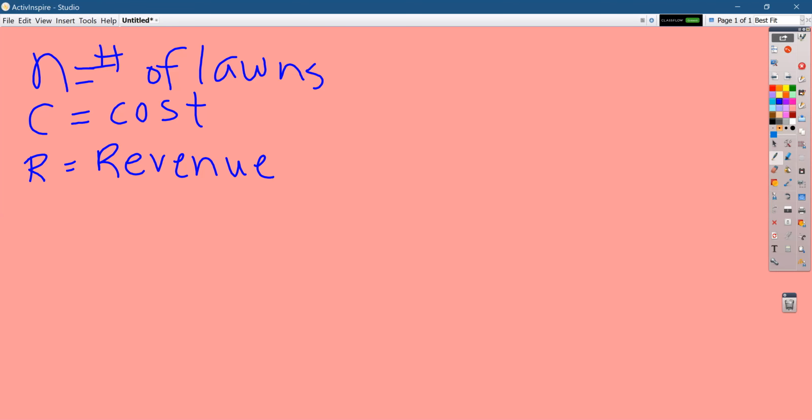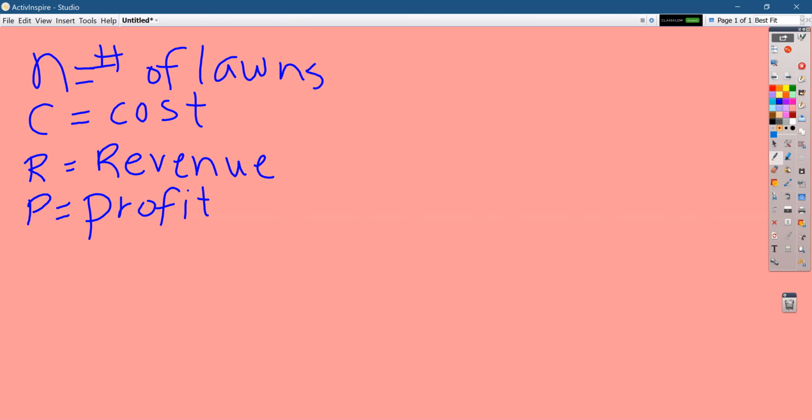The last variable is the one that is not actually talked about in the problem, and that is P. P stands for profit. Now, that's the number that's the bottom line, the number that we're really interested in. The profit is the money that Alex gets to keep.